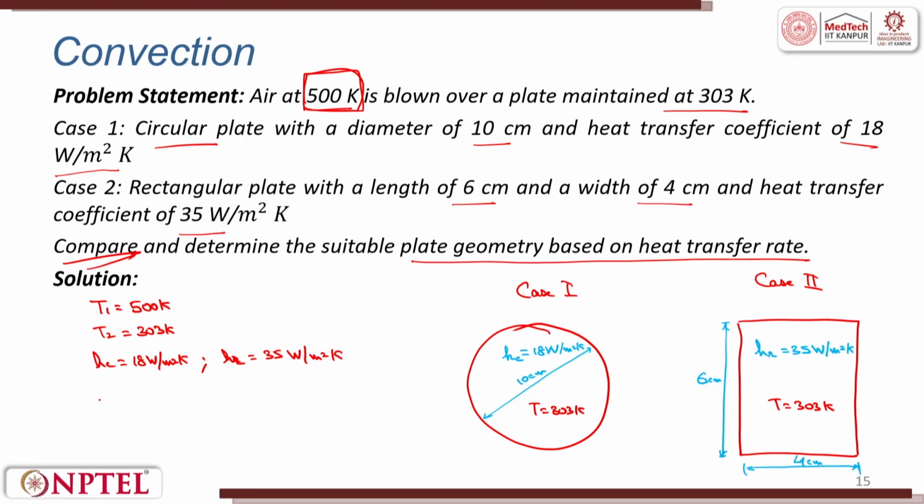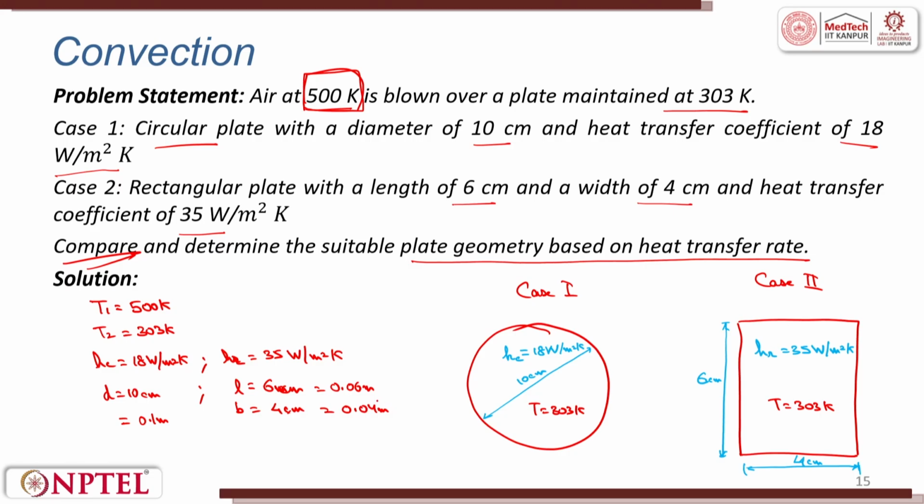For the circular, we have the diameter as 10 centimeters. For the rectangular, I have length and breadth as 6 centimeters and 4 centimeters respectively. If I convert this into meters, this is 0.1 meter, this is 0.06 meters, this is 0.04 meters.